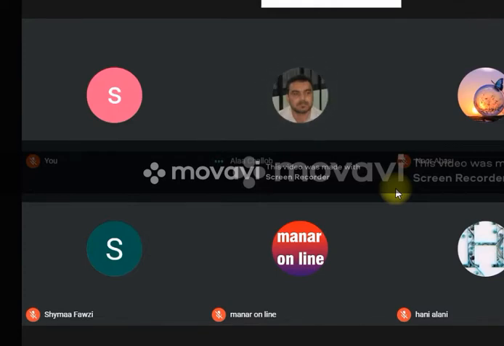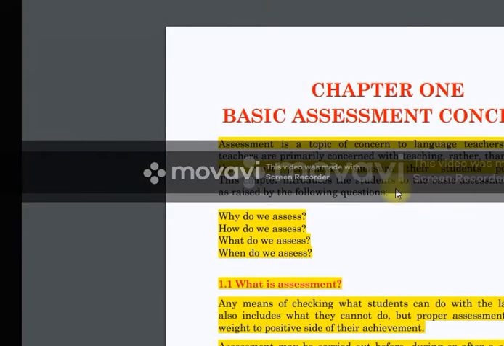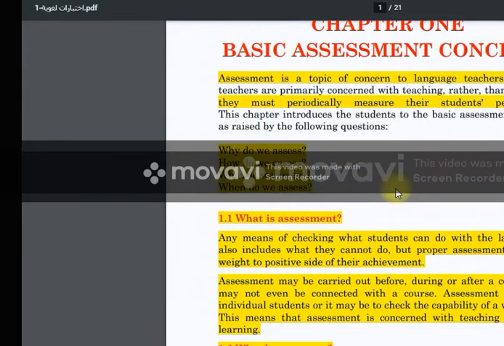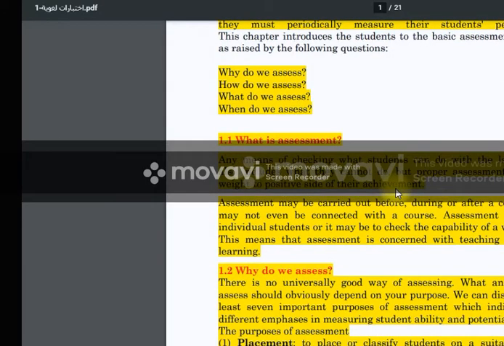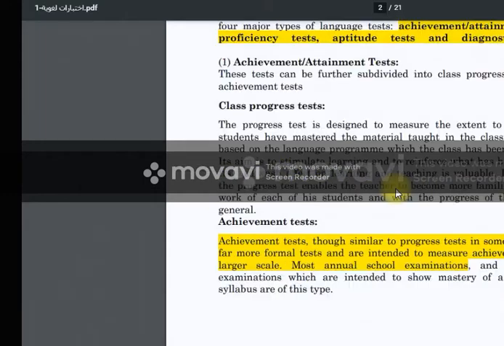So by doing this exam, we can select students for a specific course in higher education. I mean, to pursue your MA studies. So depending on the results of this test, we can select the best candidates to be enrolled in our MA program in English language, mainly in linguistics.